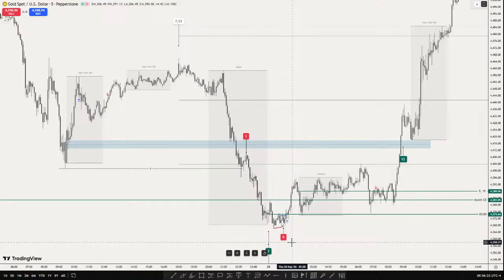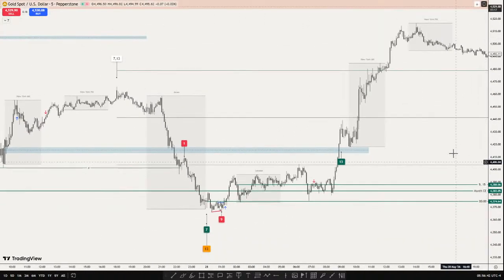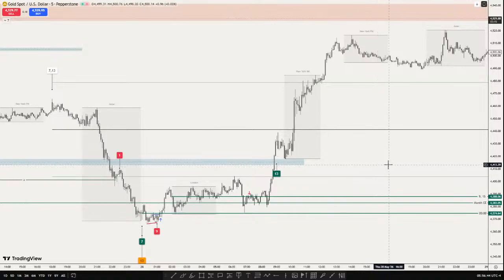So I was expecting price to move from here towards the double tops at least, and it did inside New York AM. So no worries. This would have passed my phase one, but it's okay. So this was the trade breakdown, guys.